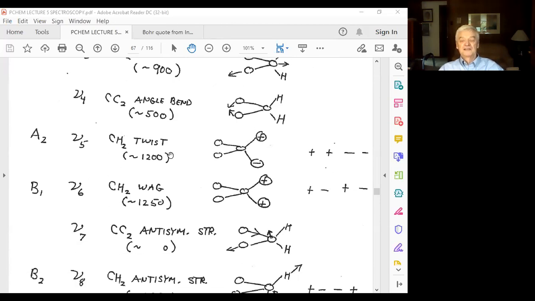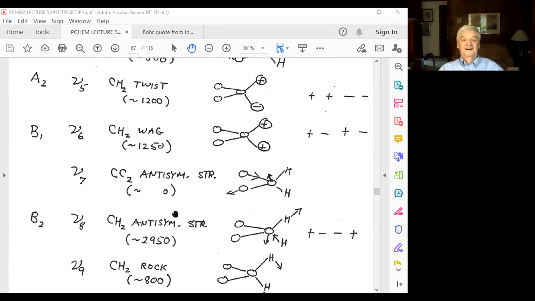Okay, then we go to less symmetric cases. This is a CH2 twist that we have. Again, one coming forward, one going back. This one says CH2 wag. I guess I just did those, sorry. Here I left out the frequency, the CC2 anti-symmetric stretch.